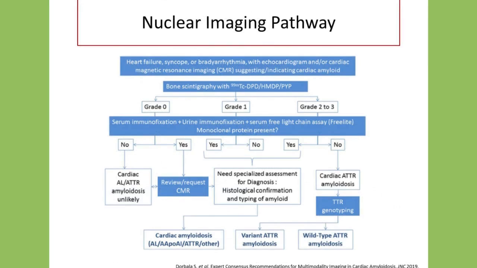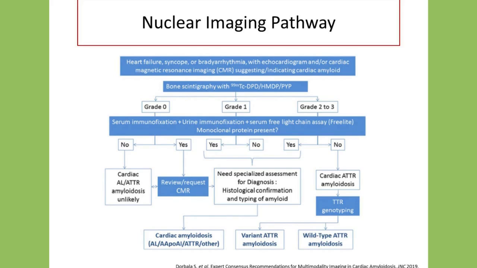This algorithm was published by Dorbala and colleagues, from the expert consensus recommendations for multimodality imaging in cardiac amyloidosis, which was just published in the Journal of Nuclear Cardiology in 2019. Both of these publications, for reference, are very good if you're looking to incorporate a program at your facility.